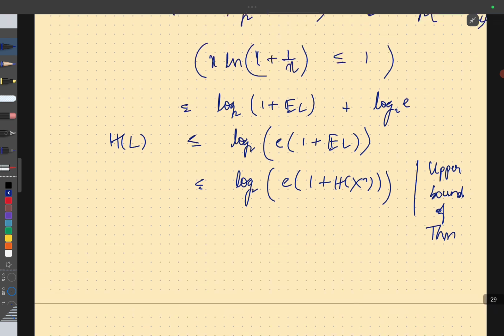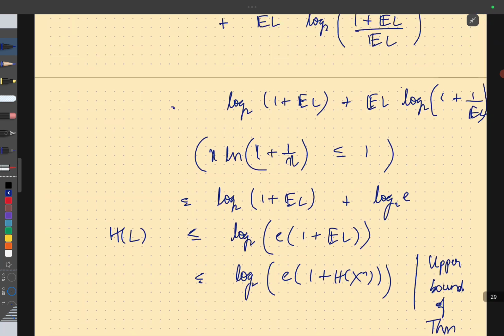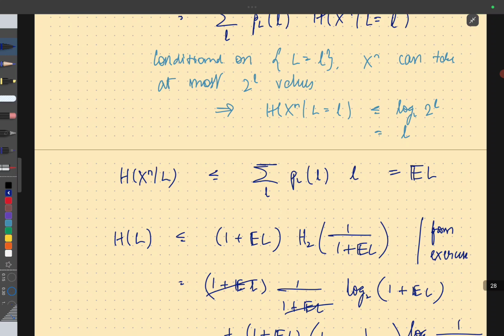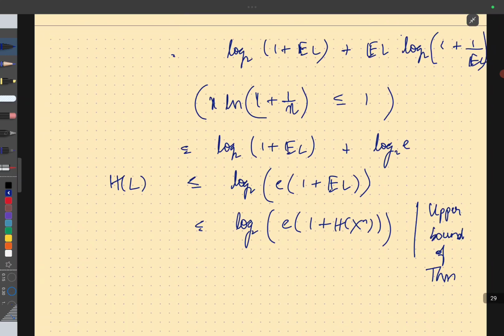Right. Okay, so now we have an upper bound on H(L). We also have an upper bound on H(Xn given L).